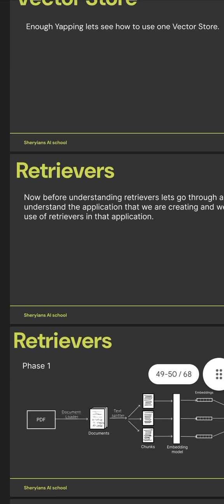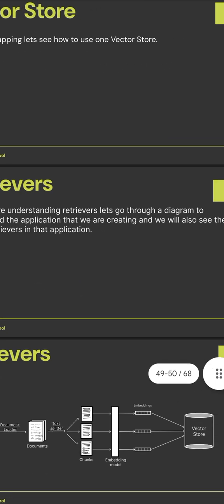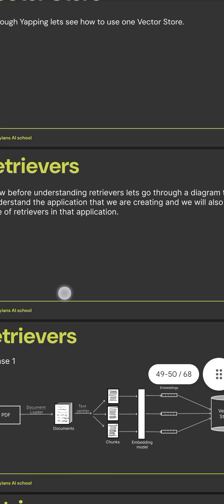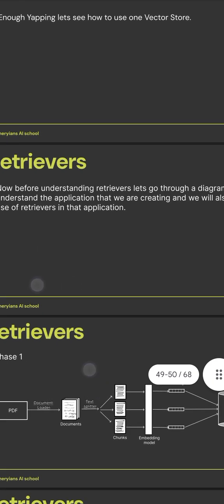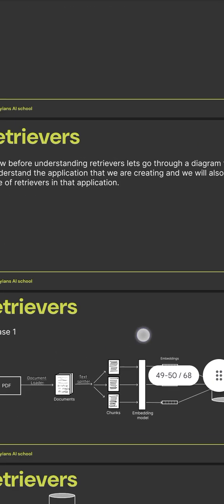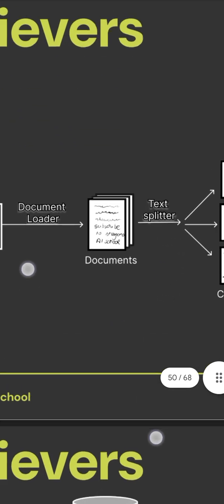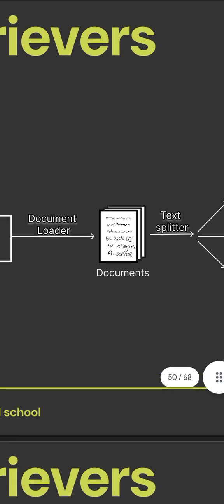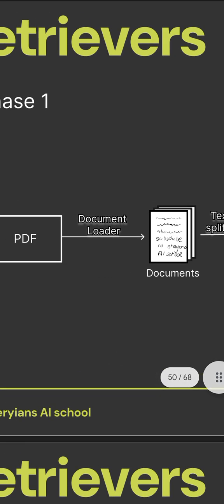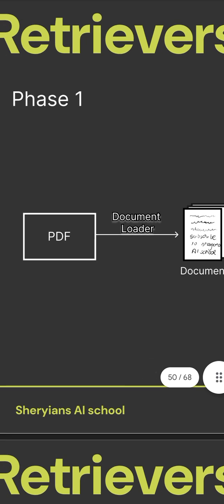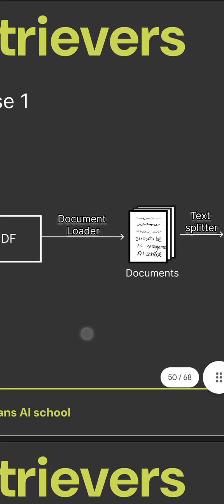So retrieval. Before understanding retrieval, let's go through our diagram to understand the application that we are going to create, and also see where retrieval fits in the application. In phase one, this is our document. We upload our document, and we have a document loader which extracts everything.